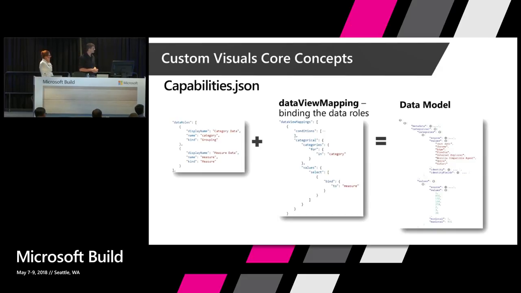You can read about it in the documentation. Eventually, the output of this in real time, when the user is using the visual, is the data model. And you can see here that the data model that came to the visual is the categories with the actual categories from the data and the measures that came with it. And then you can easily combine the two and get both the category and the values.